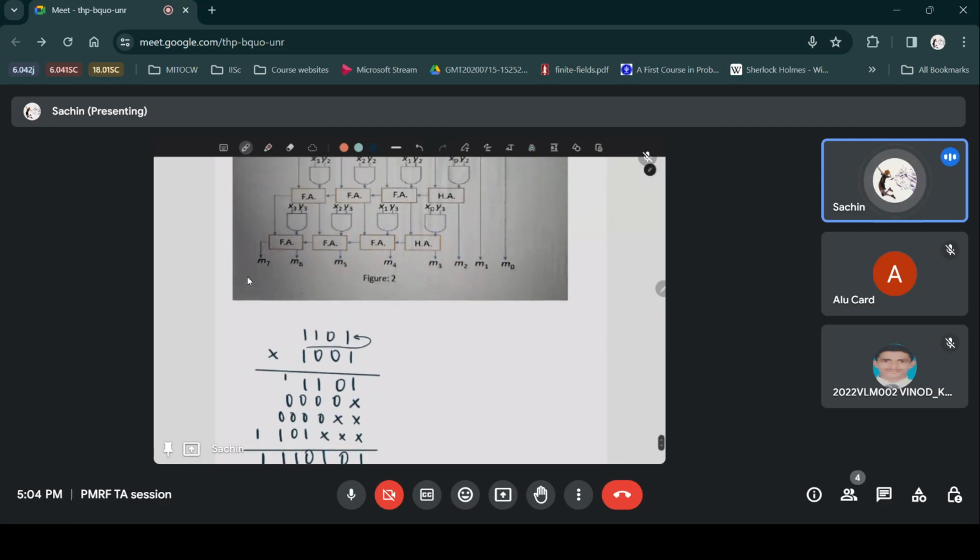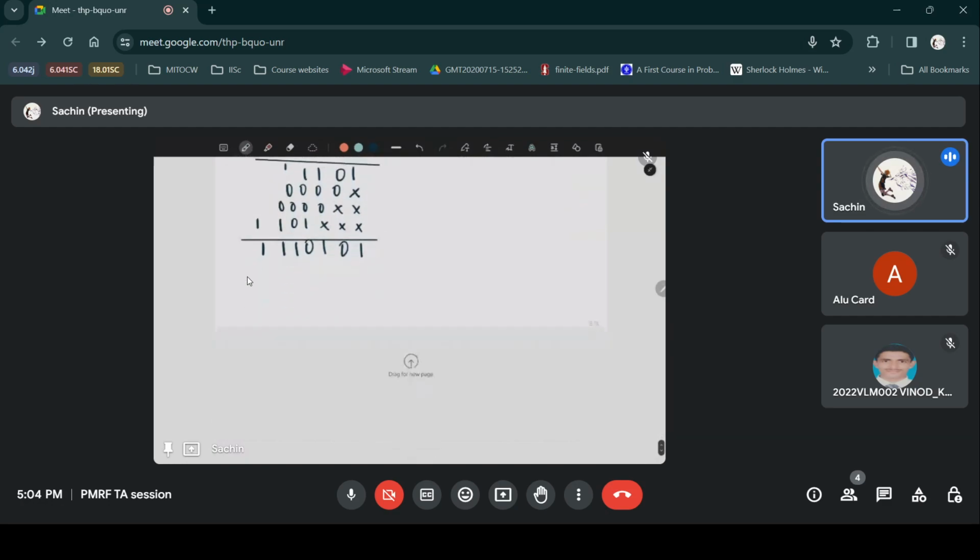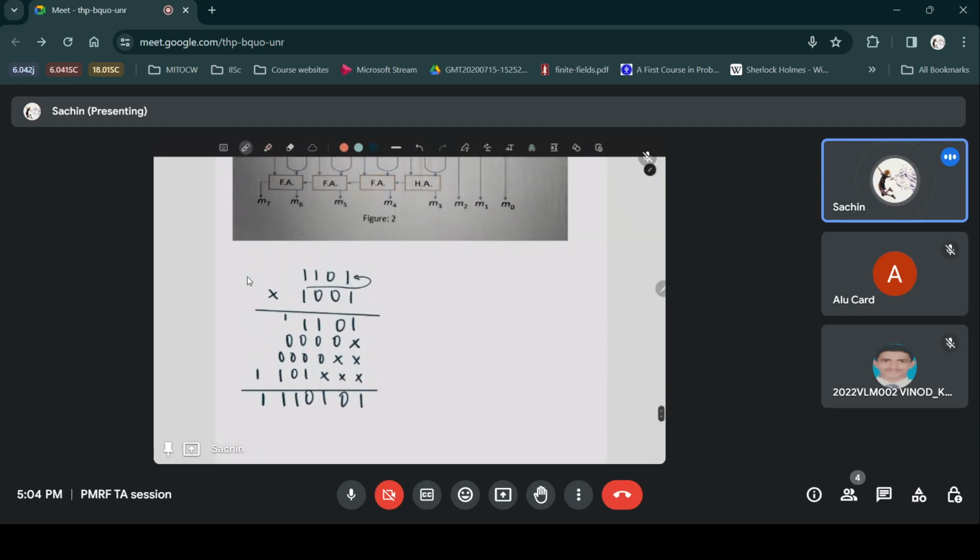So that's the product, and that will be the output of this particular circuit.